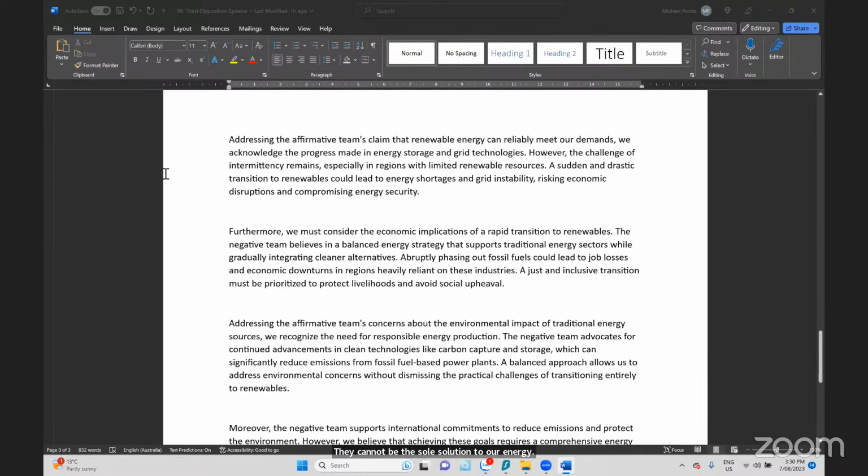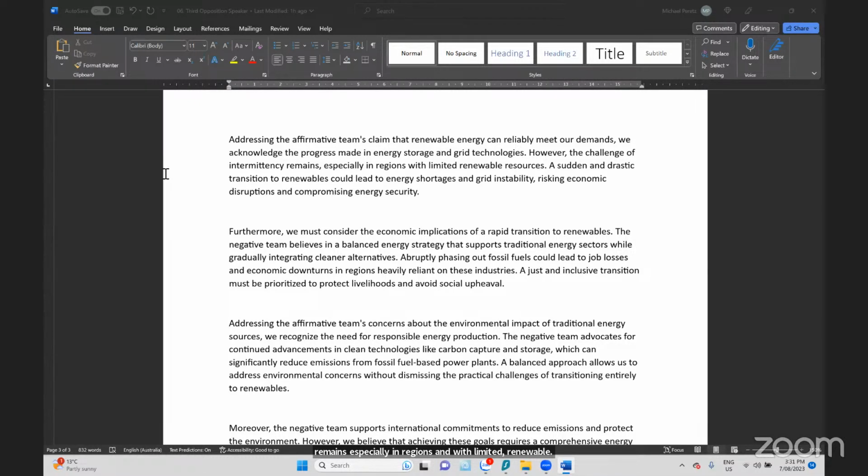Addressing the affirmative team's claim that renewable energy can reliably meet our demands, we acknowledge the progress made in energy storage and grid technologies. However, the challenge of intermittency remains, especially in regions with limited renewable resources.